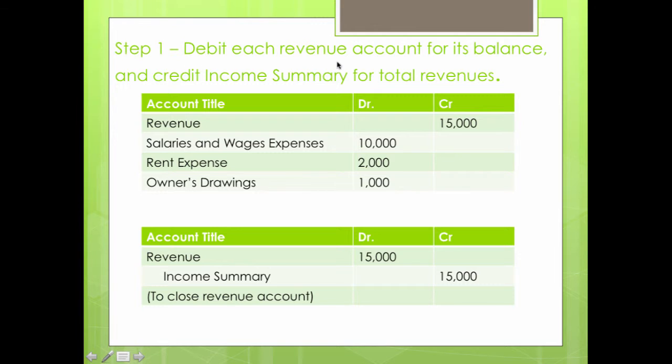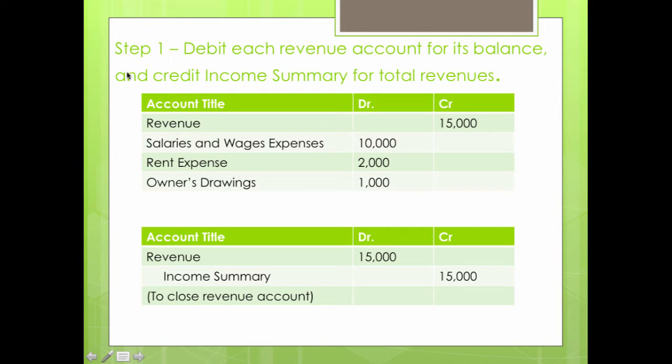Debit each revenue account. Well, what's our revenue account? We have a revenue as a credit for $15,000, and it's telling us to debit each revenue account for its balance. Well, its balance is $15,000, and it's asking us to debit, so we are going to debit revenue as a debit for $15,000.